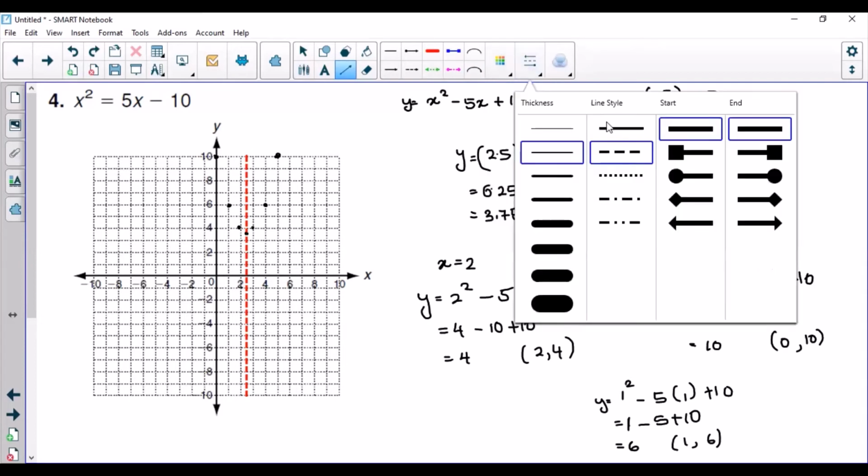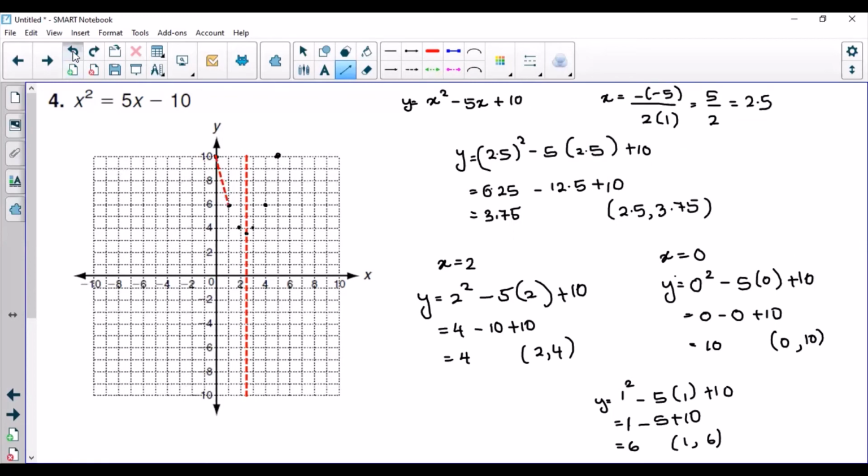When you're drawing the parabola, we try to make it as curvy as possible.